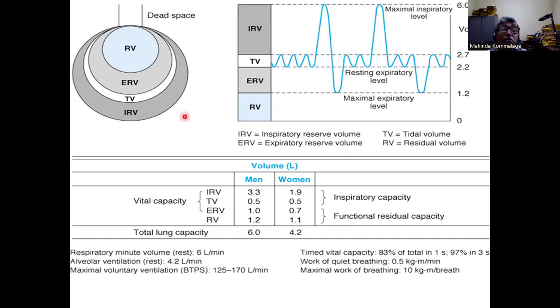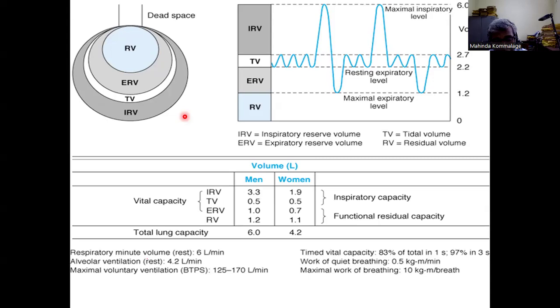Why is carbon dioxide partial pressure reduced when it goes from the tissue level to the lungs? Is it converted into bicarbonate? Yes, so you will learn about gas transport, right? Basically this partial pressure means dissolved carbon dioxide and dissolved oxygen, right?